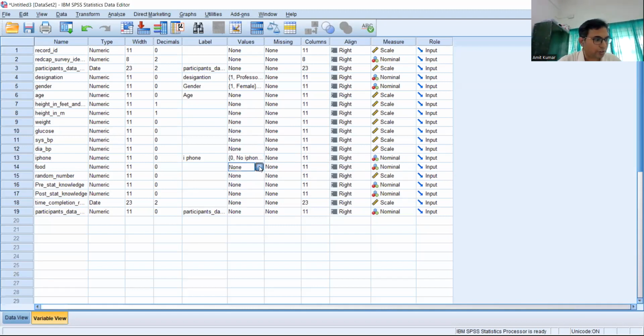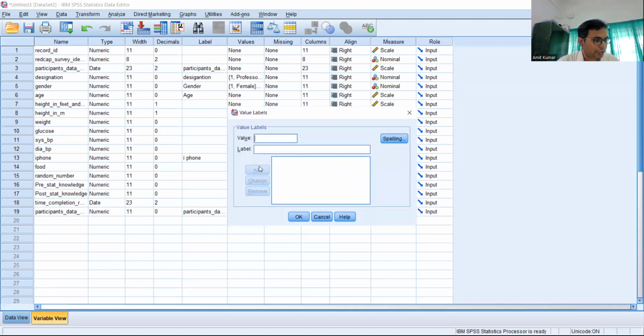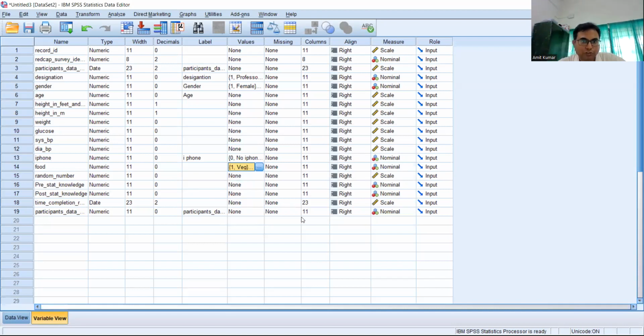Then for diet, 1 is veg and 2 is non-veg. So now I am done with giving the values for the variables in SPSS. Now, what was my first question?